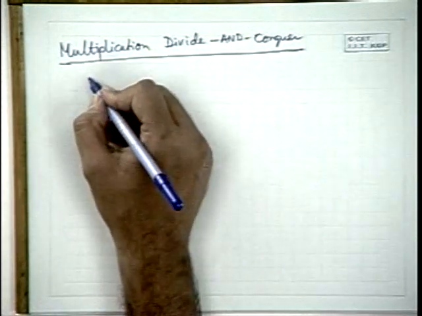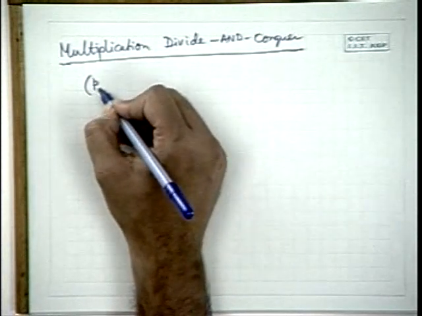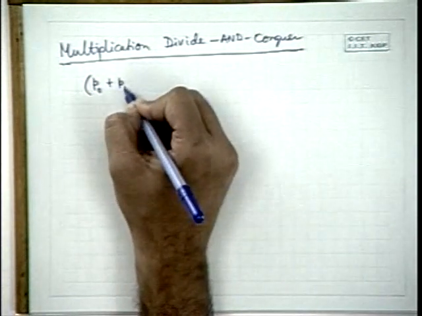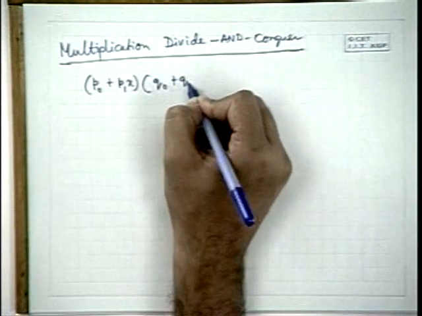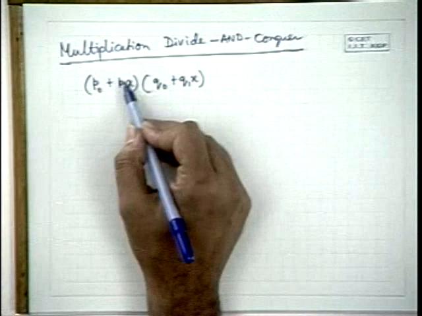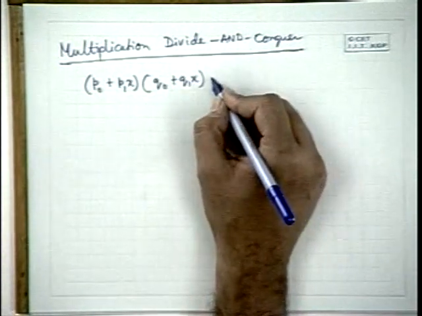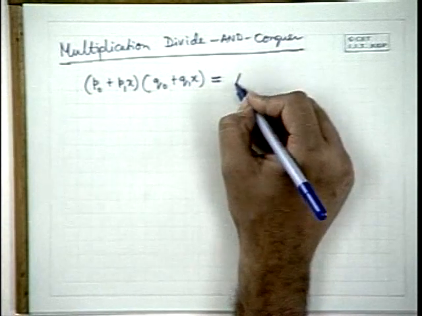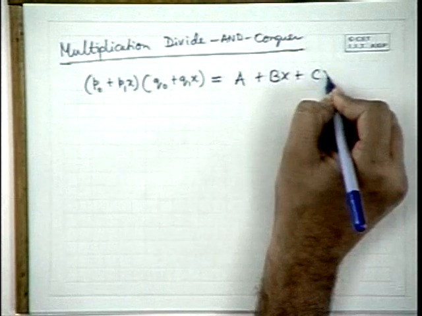So let us take one polynomial, say p0 plus p1x, and another polynomial, say q0 plus q1x. We are multiplying these two. These are degree 1 polynomials, two degree 1 polynomials I have taken. So the resulting polynomial will have the form a plus bx plus cx squared.